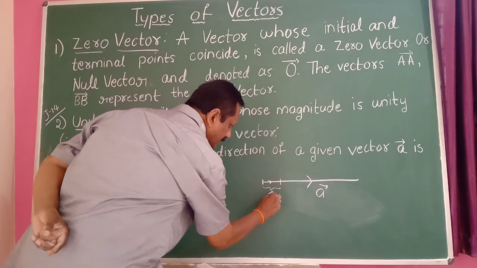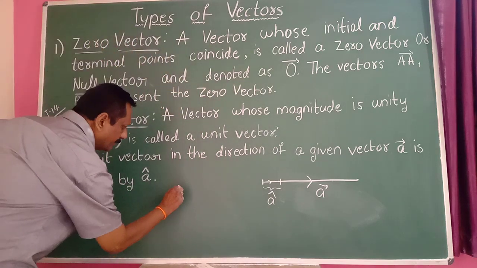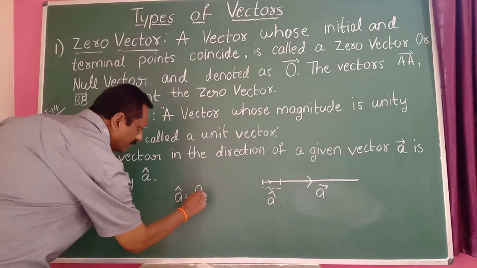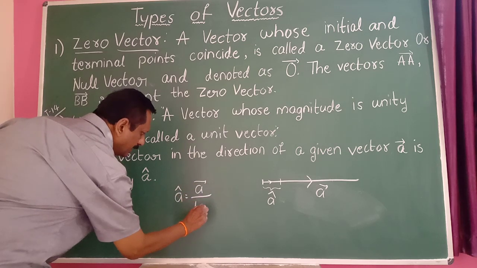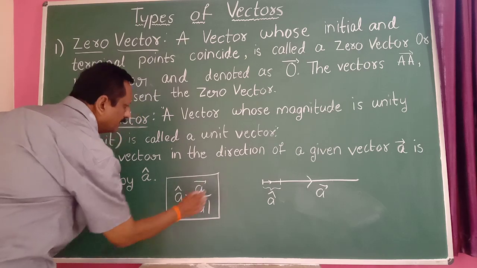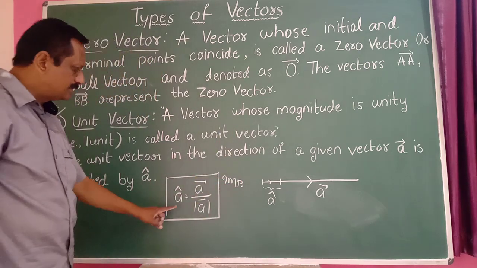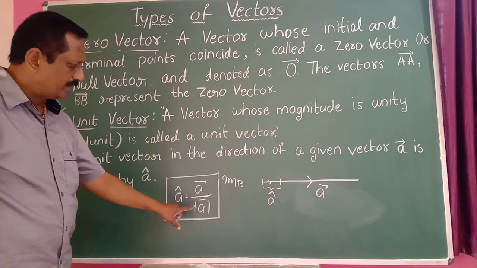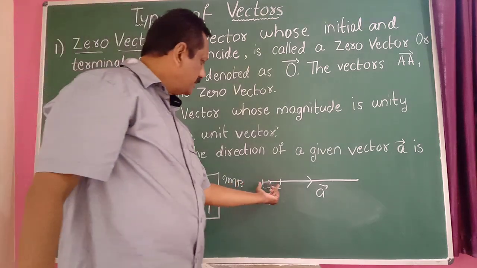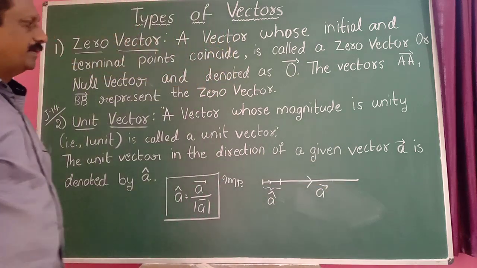In that case, it is denoted by A cap. A cap is given by A bar divided by modulus of A bar. This is a very important formula. Remember it. So A cap is equal to A bar divided by modulus of A bar. This is the unit vector in the direction of the vector A bar.